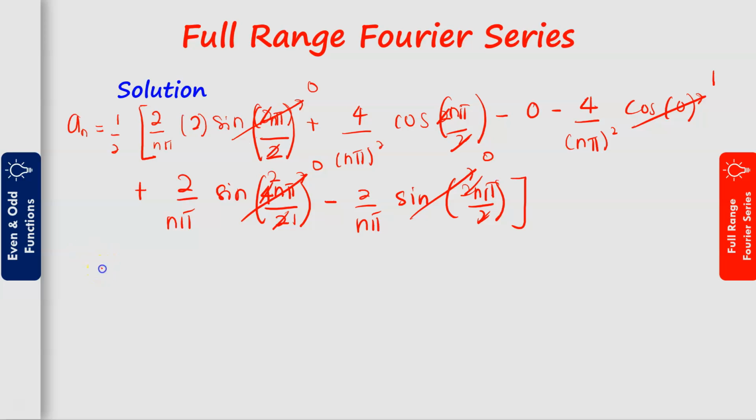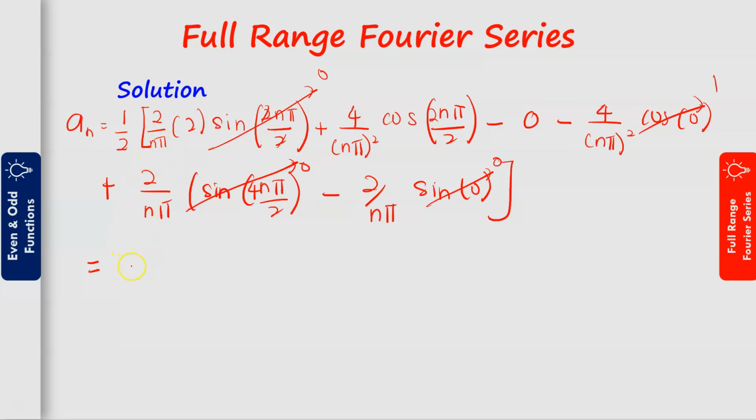We will have here a_n equal to 1 over 2 times 4 over, because this one is already 0, this one is actually 1, this one is already 0, and this one 0. So 4 over, when we simplify this, we get here 1 over 2.